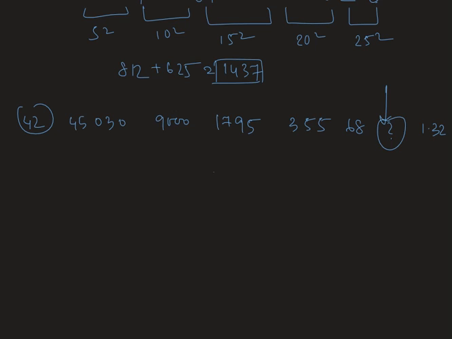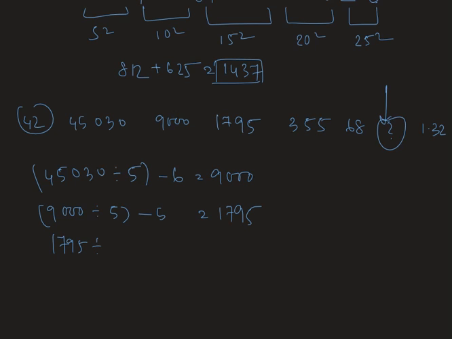In this given series, if we divide 45030 by 5 and then subtract 6, we get 9000. If we divide by 5 and subtract 5, we get 1795.